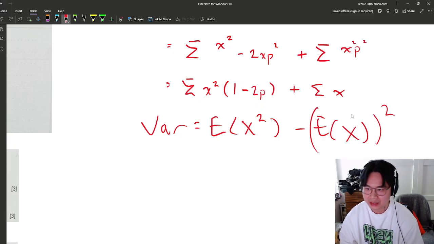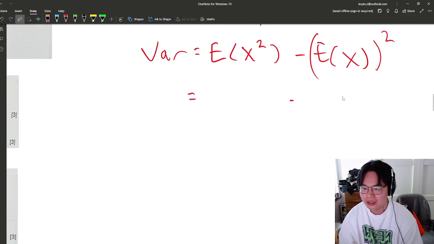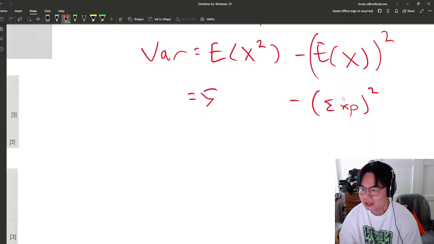You manipulate it, and then you should get this summation, which is what I was trying to show. You end up with the summation of x times p squared, and then the summation of x squared p.